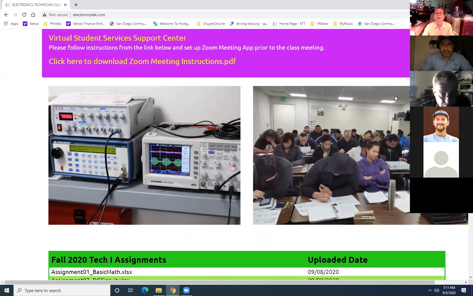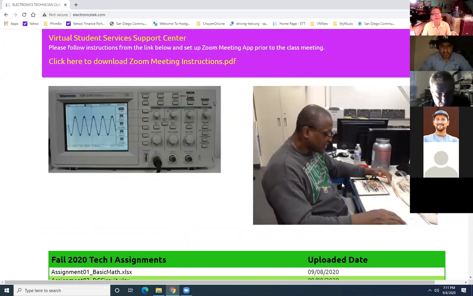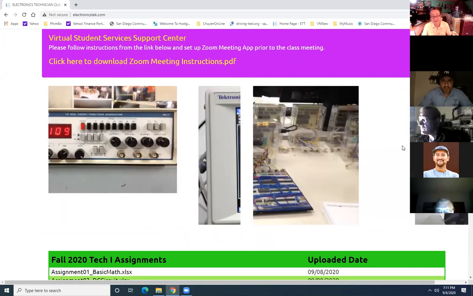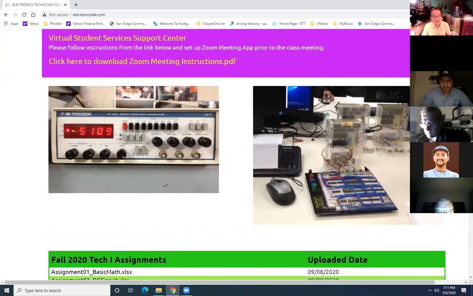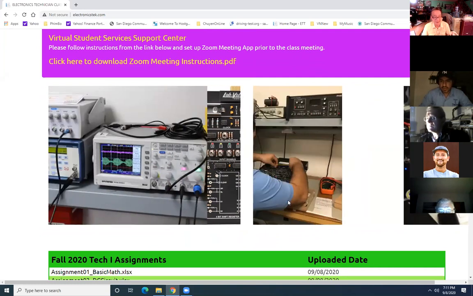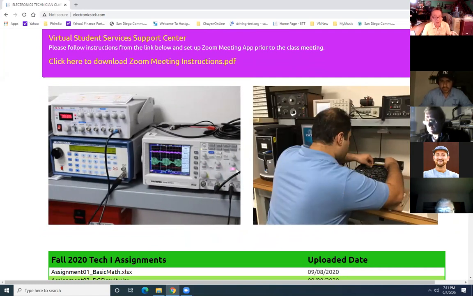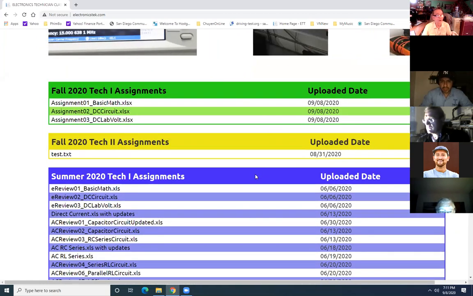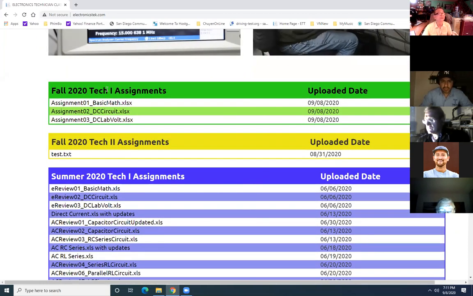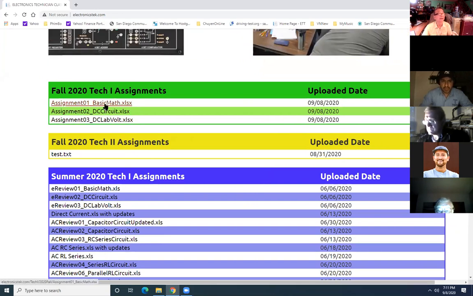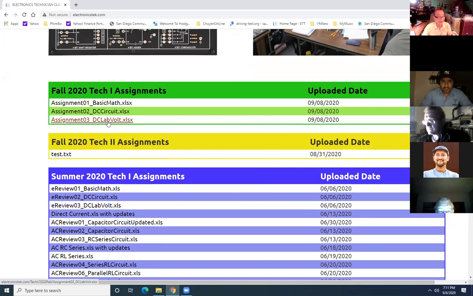Now, if you look in here, you can see this is the class. This inside the class is the lab, where they do the lab, and all the equipment we need. If you look in here, take one assignment, 1, 2, 3.